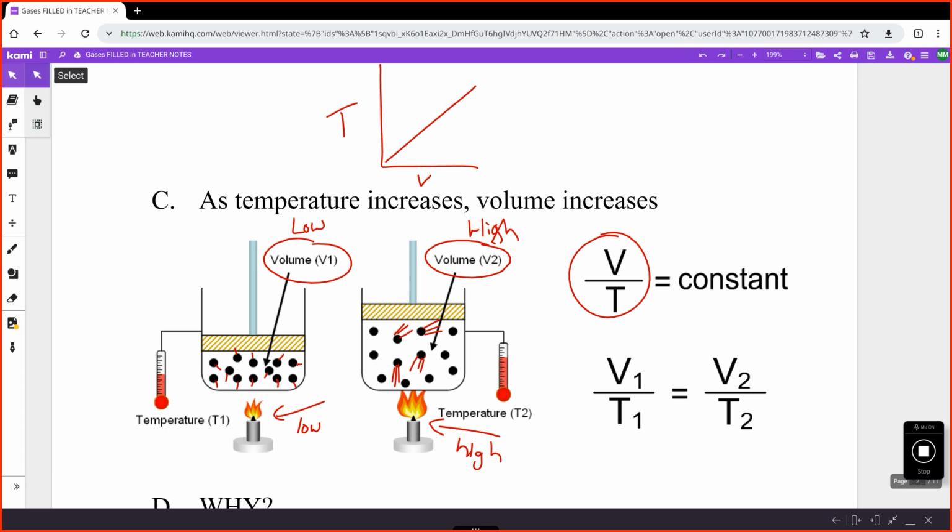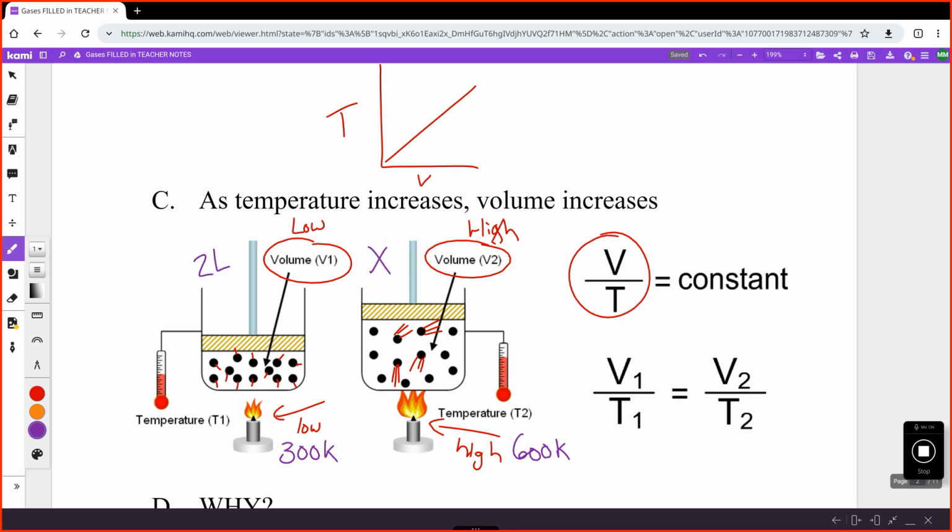Let's say the temperature here is 300 Kelvin, and the temperature over here is 600 Kelvin. If the initial starting volume was 2 liters, then what would my new volume be?